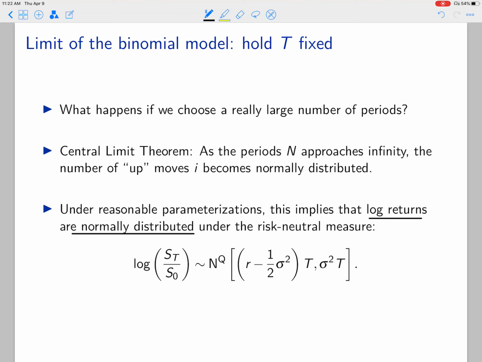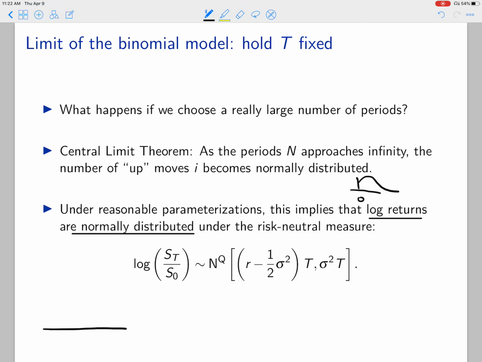So if you take the binomial model and you move it towards continuous time to match reality, what's going to happen is that stock prices are going to start to follow a log normal distribution. They're still going to be bounded below by 0.